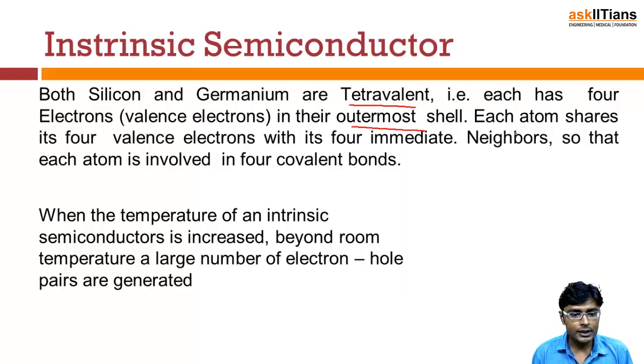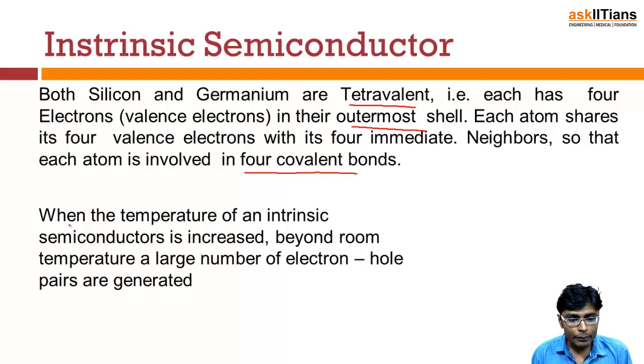Each atom shares its 4 valence electrons with its 4 immediate neighbors, so each atom is involved in 4 covalent bonds. They are all bonded, so no free electron is available for conduction.